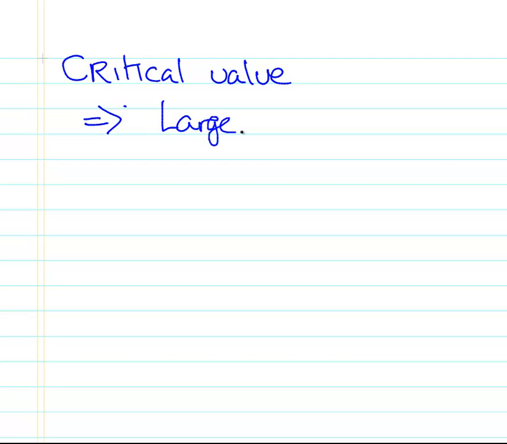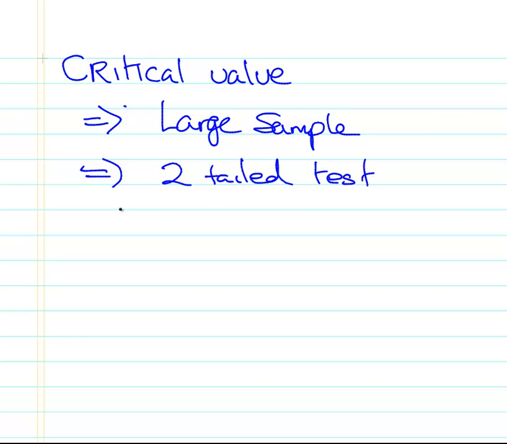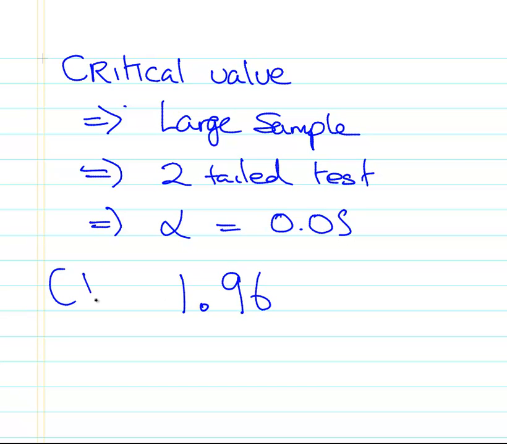That's our test statistic. Now, critical value. I'm just going to remark that this is a large sample. It's a two-tailed test. And I didn't state this earlier on, but the significance level is 0.05. In that case, our critical value would be 1.96.